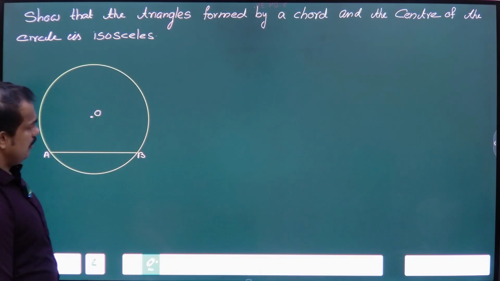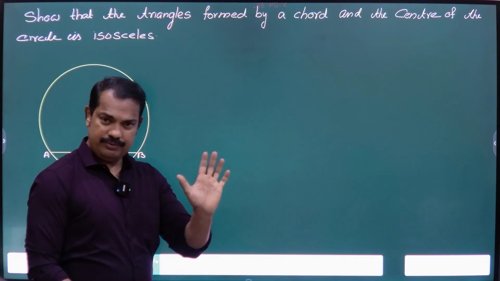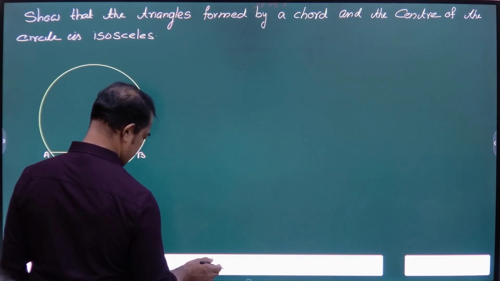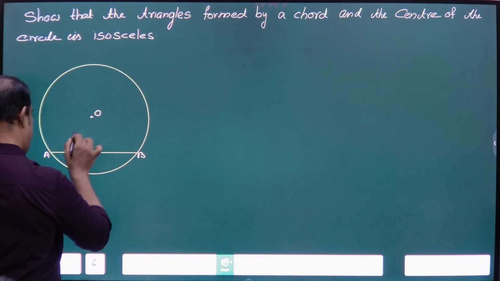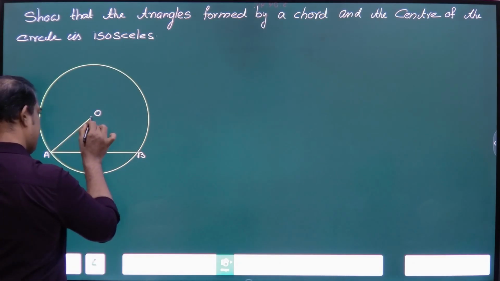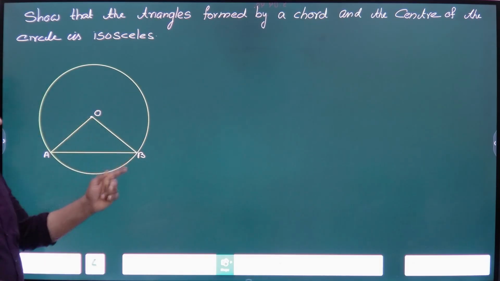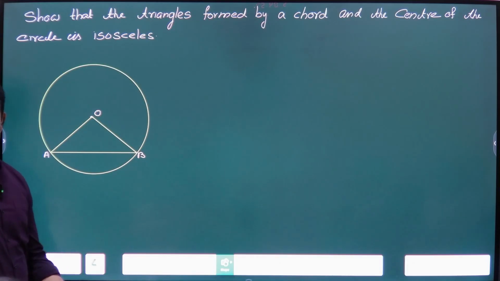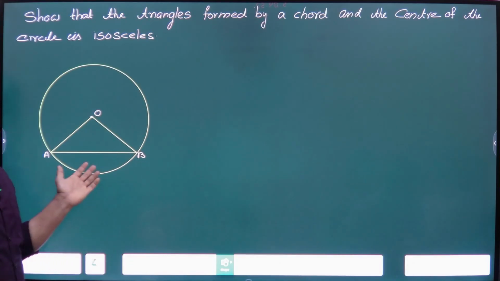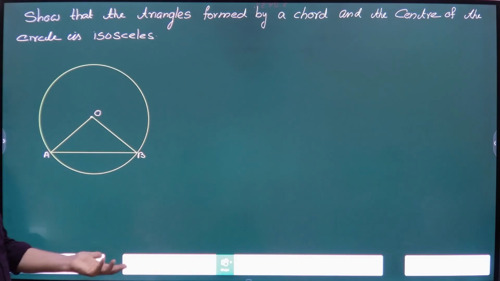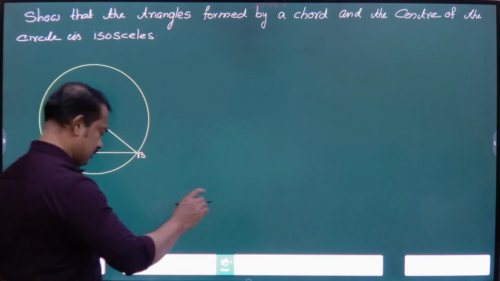So first write on given. ये भी ज्वाइन करो, ये बताओ व्हाट इज OA, व्हाट इज OB, OA equal to OB. So in triangle two sides are equal, so it is an isosceles triangle, hence proved, but पूरे steps लिख देना.